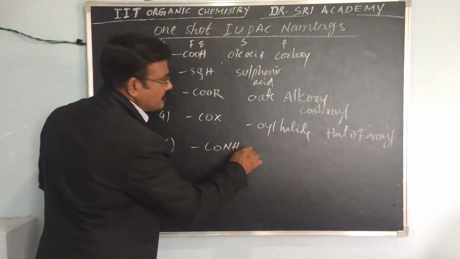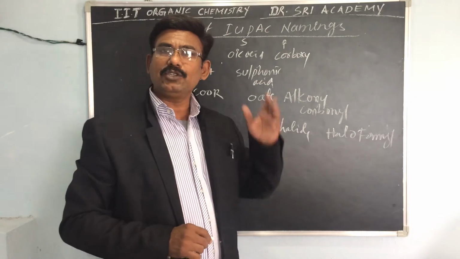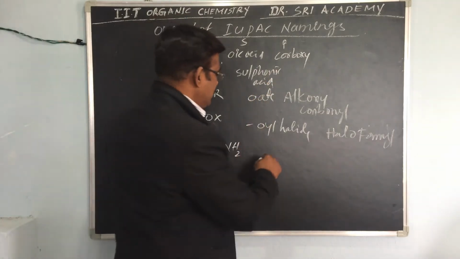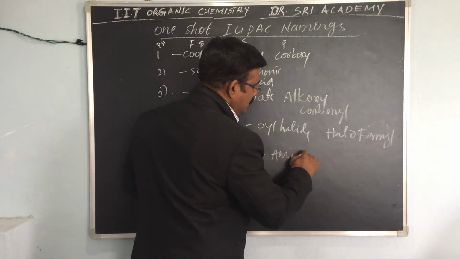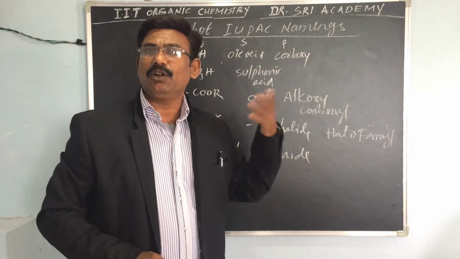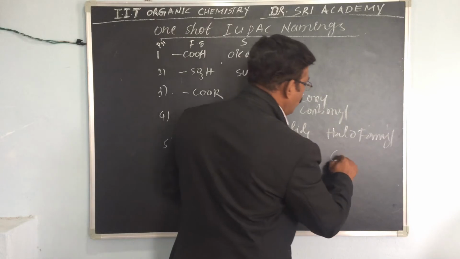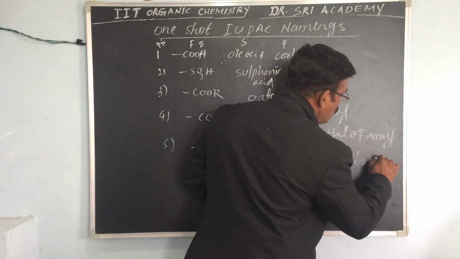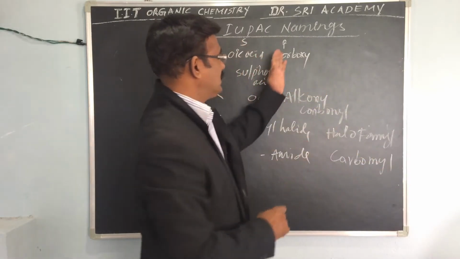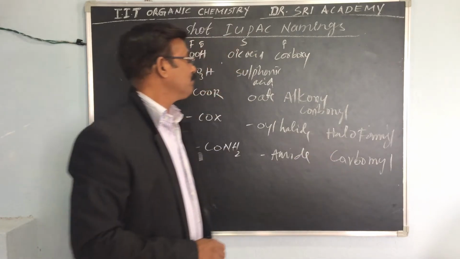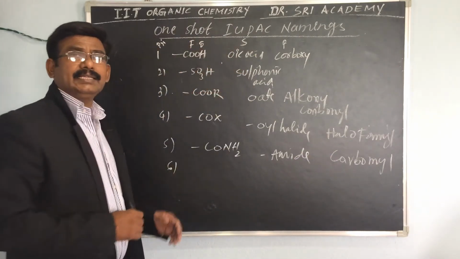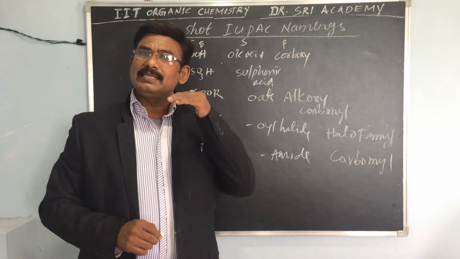And the fifth one is the amides, CONH2. Amide. So simply the suffix is amide. So what about the prefix? We can say carbamoyl is the prefix. And the sixth priority is the cyano compounds.